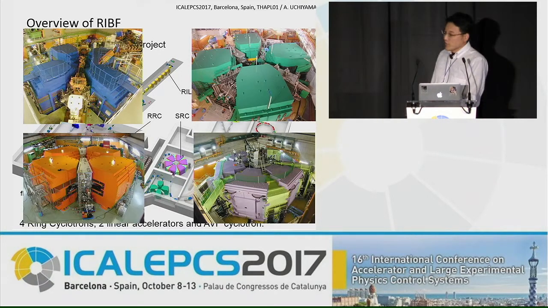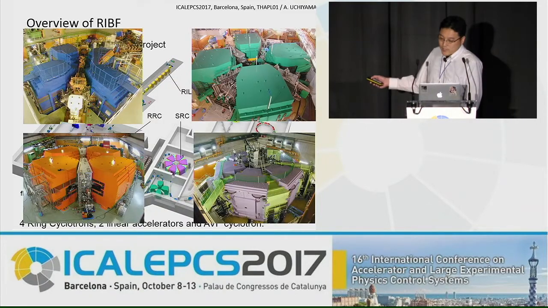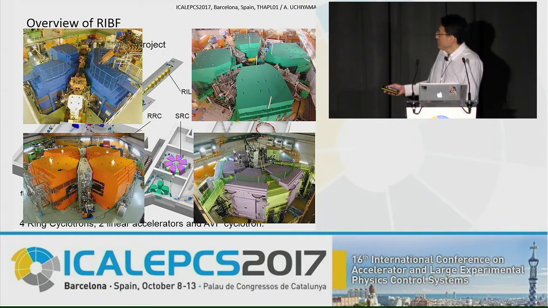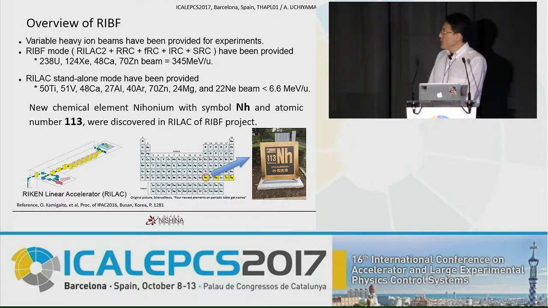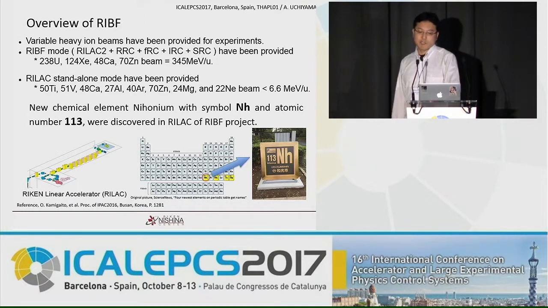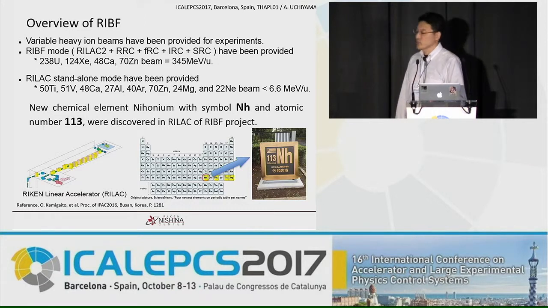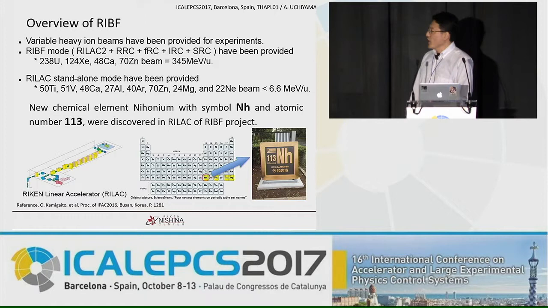There are 4 ring cyclotrons. SRC is a superconducting cyclotron, the world's first. Variable heavy ion beams have been provided for experiment. We discovered a new chemical element, nihonium, with atomic number of 113. It was discovered in this linear accelerator of RIBF project.